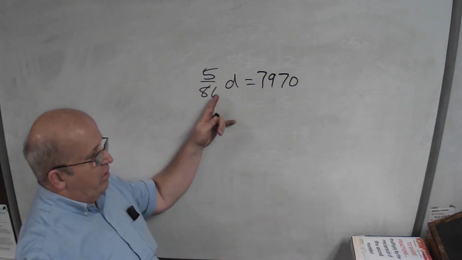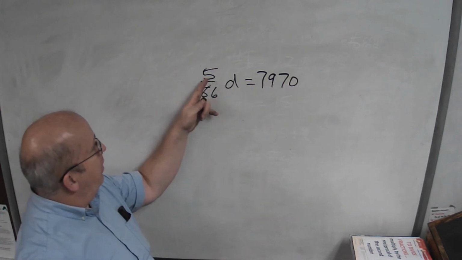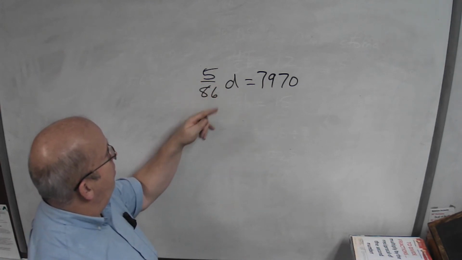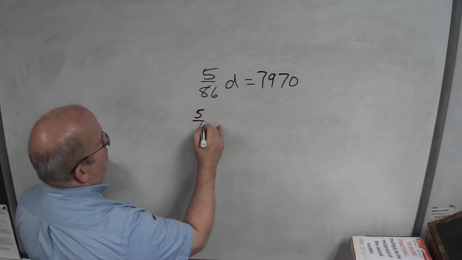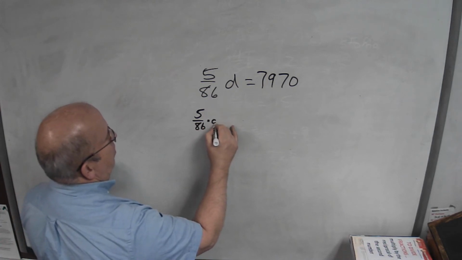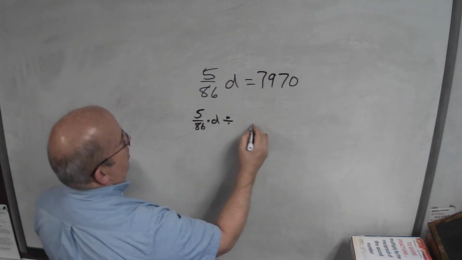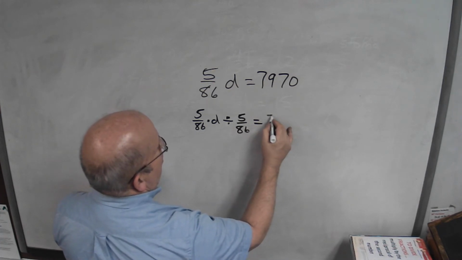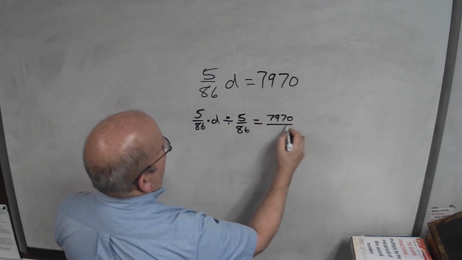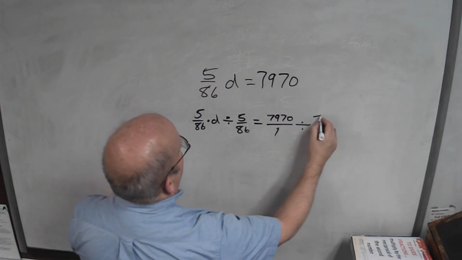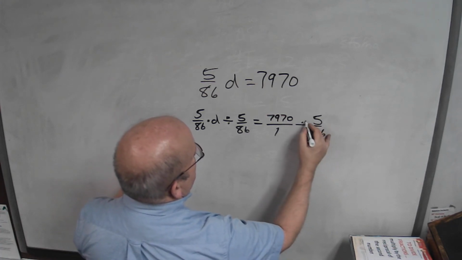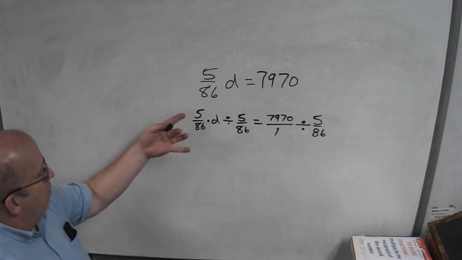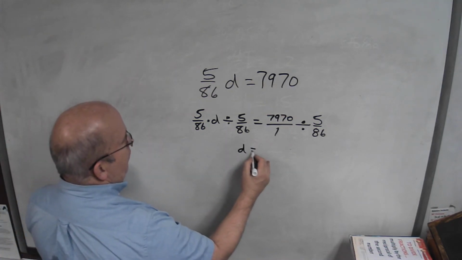What's the opposite of multiplying d by this? Isn't it dividing d by this? You betcha. So the first step I would do in solving this problem is I would divide both sides of the equation by that fraction, which is 5 over 86. With me so far? Over here, what do we get? We should get a d value.